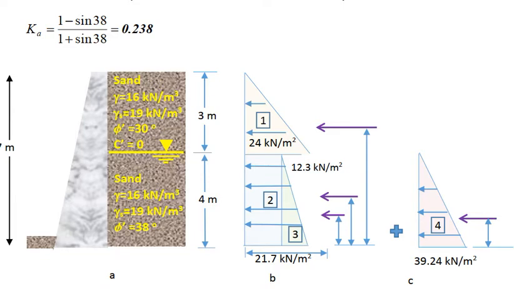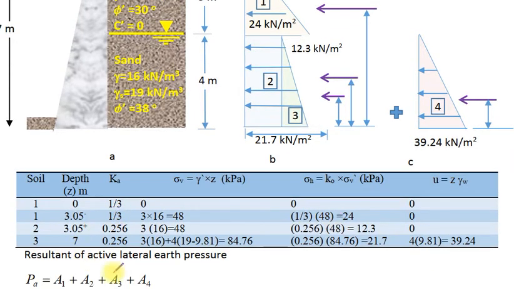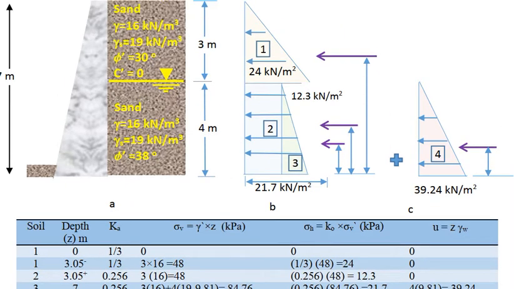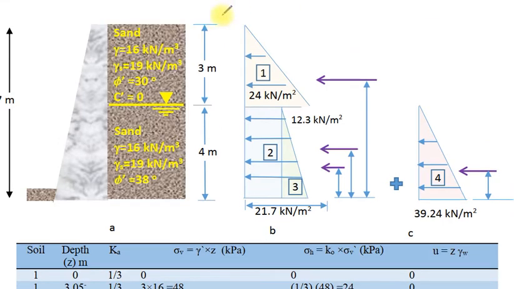First we have to construct the following table and compute the active earth pressure at 3 points: at the top, at this point also, because the soil is different from the first layer, so we have to compute the lateral earth pressure at this point, and also at the bottom point.